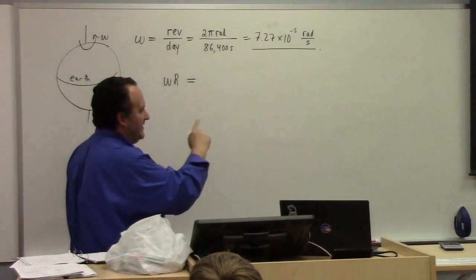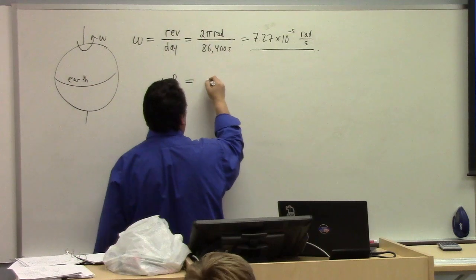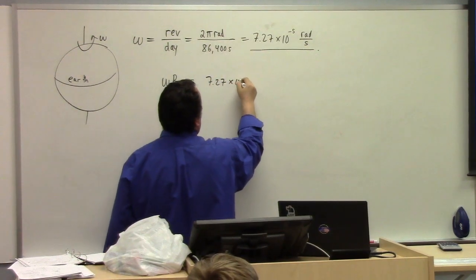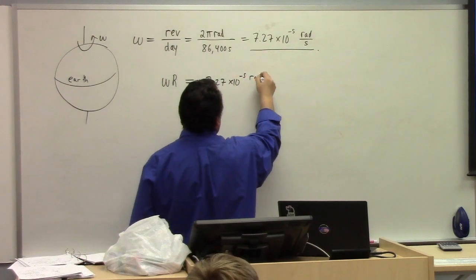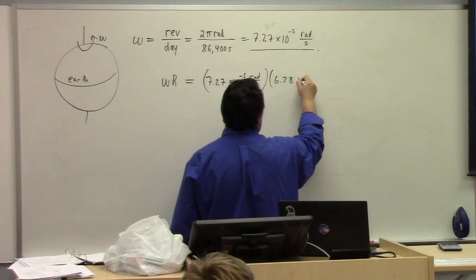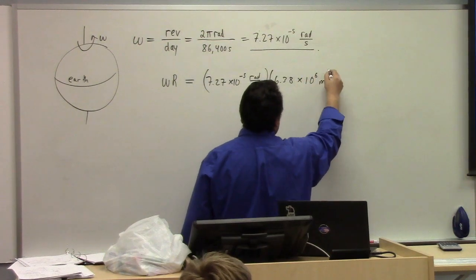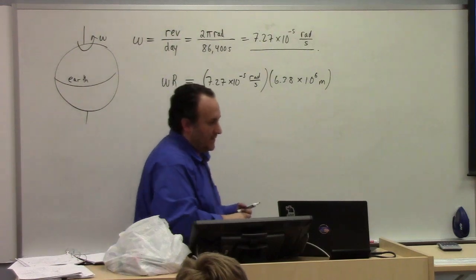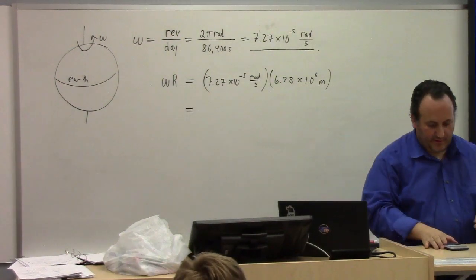If we do the equator, what was the radius of the Earth? 6.38 times 10 to the 6th meters. So what's that speed?